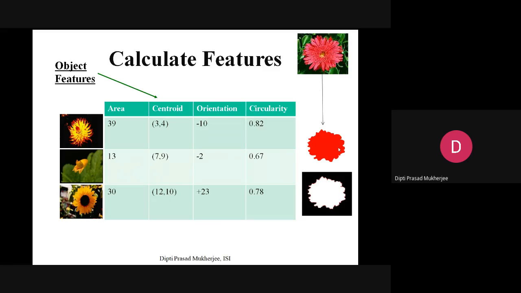How circular the object is, what is the area of that segment, the red portion, how it is tilted towards a particular angle. All these we can numerically calculate, because these are all pixels or dots.